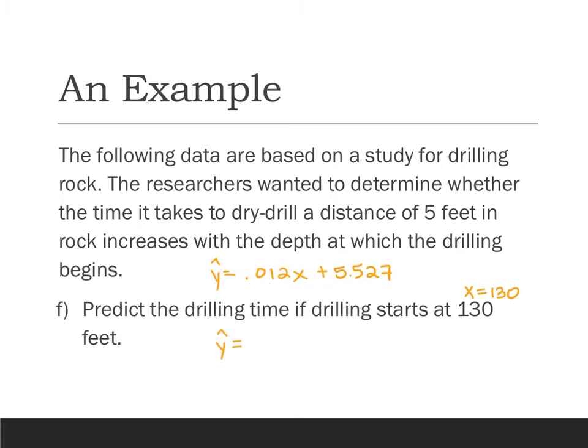y hat will equal 0.012x plus 5.527. Now, if you want to use the exact values and not rounded ones like I have written down here, then what you could do is use the trace option in your calculator, and that will give you the exact number without any rounding.